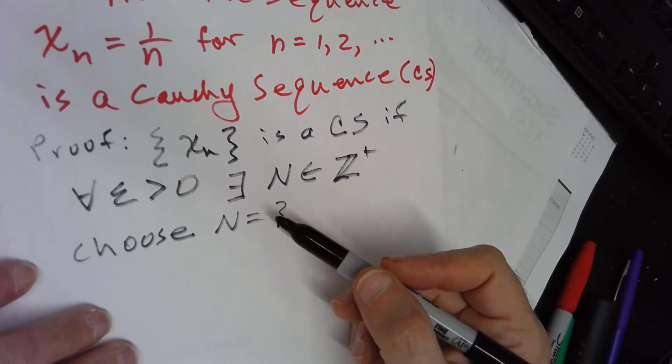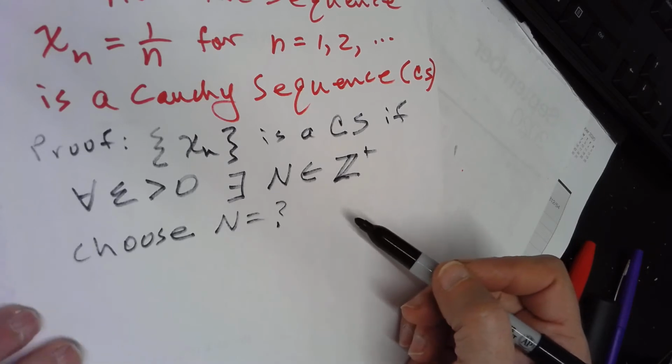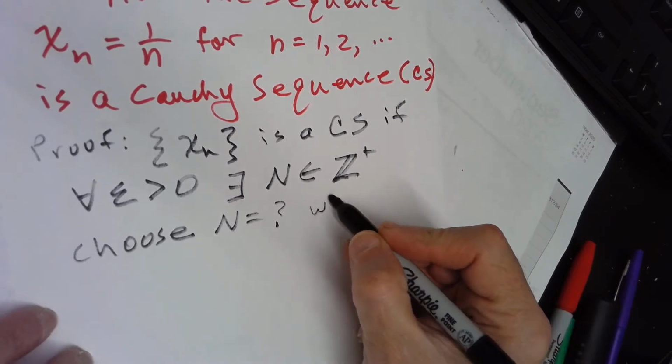So we're going to have to do some scratch work, find what N is, and then we can go back and write our proof. But we can continue on.